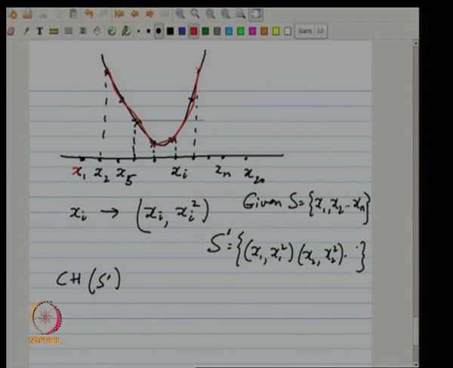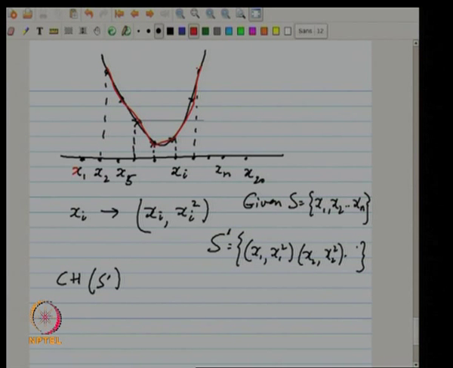And if our assumption or convention is that a convex hull algorithm should produce the points in whatever clockwise or counterclockwise fashion, then I can recover from the convex hull the sorted set of the points. So, it gives us an ordered set.